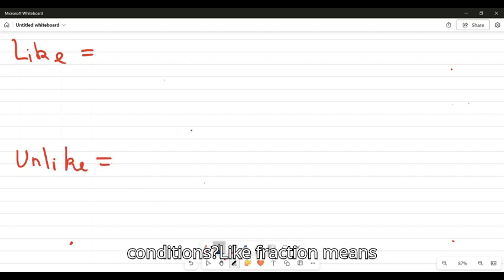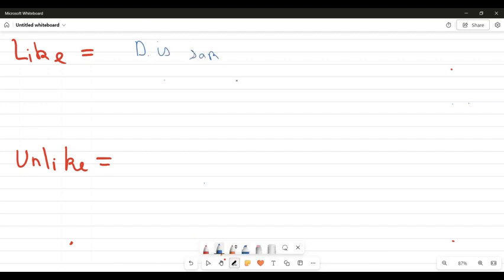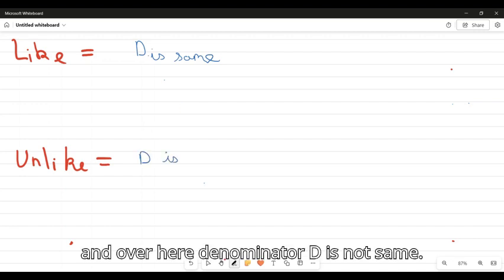So what are the conditions? Like fraction means the denominator is going to be the same, and over here the denominator is not the same.